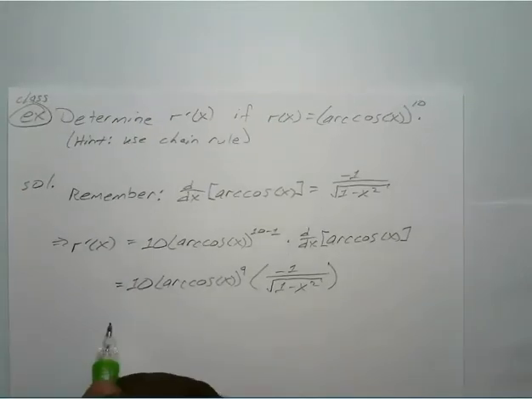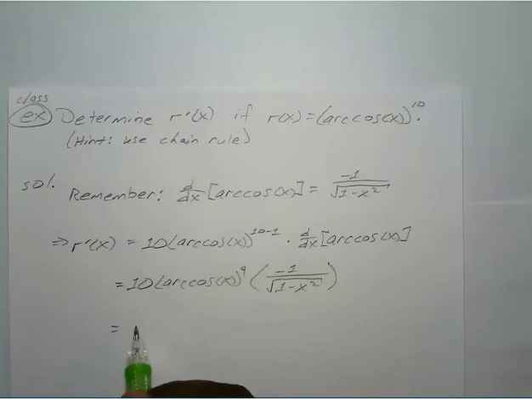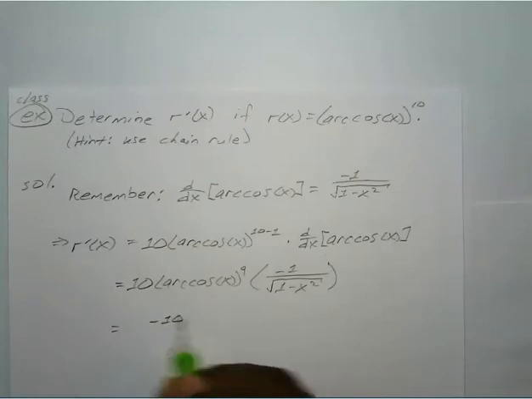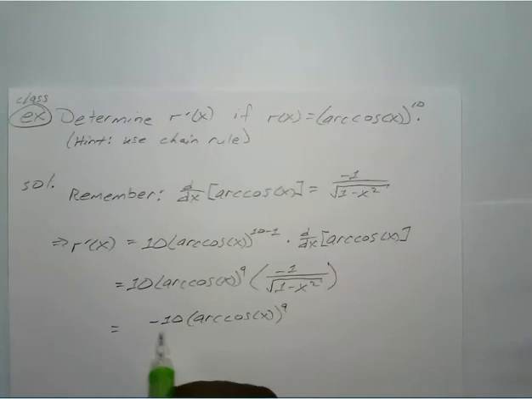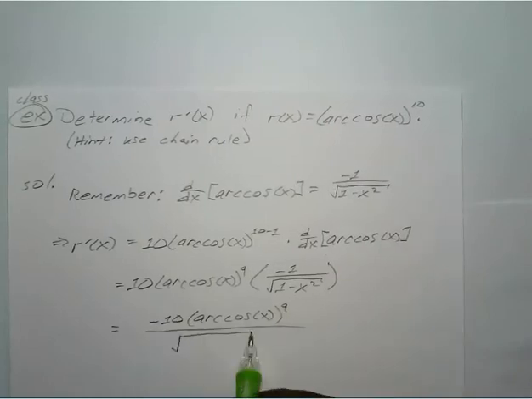So our derivative is equal to, and I'll simplify that, you have 10 and -1, so that's -10, and I'll put the parentheses, arc cosine of x to the 9th power all over the square root of 1 minus x squared.